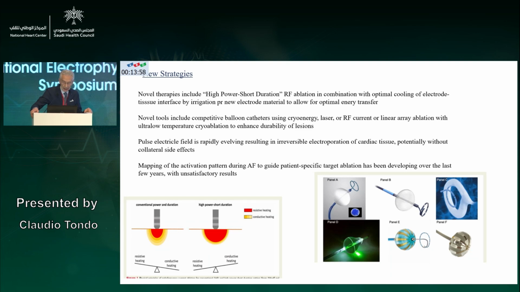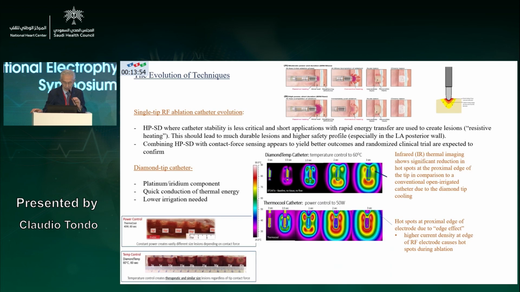But I will focus on very few technologies for the sake of time. I just mention high power short duration. We listened to a previous presentation, so I don't want to spend much time, but this is one of the main technologies capable of leading to a durable lesion.